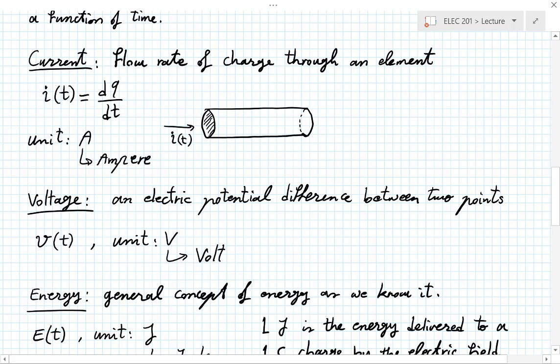Well, there is the operation that's the reverse of differentiation. What is that? Integration, right? So if I wanted to calculate the total amount of charge that's flowing through an element between 2 points in time, from now until maybe 5 seconds later, I would have to take the current and integrate it over that time period.